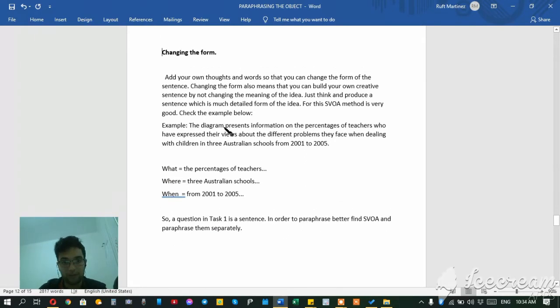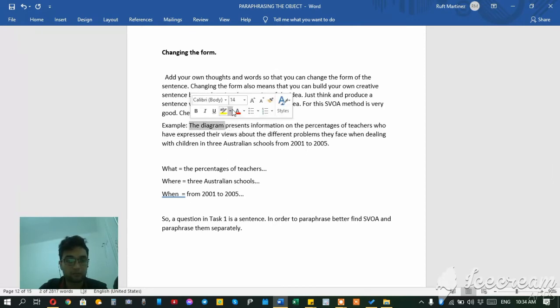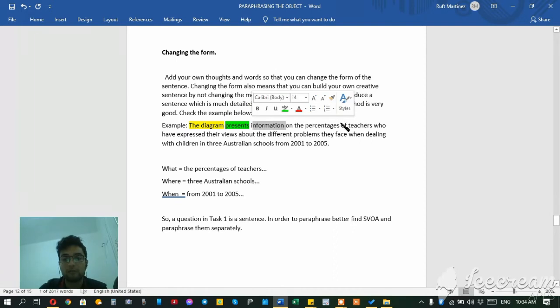So let's check out this one. The diagram here is the subject, right? This is the subject. It's raining a lot here, man. Since I got here, it rains too much. Presents what? Information on the percentages of teachers who have expressed their views about the problems they face.